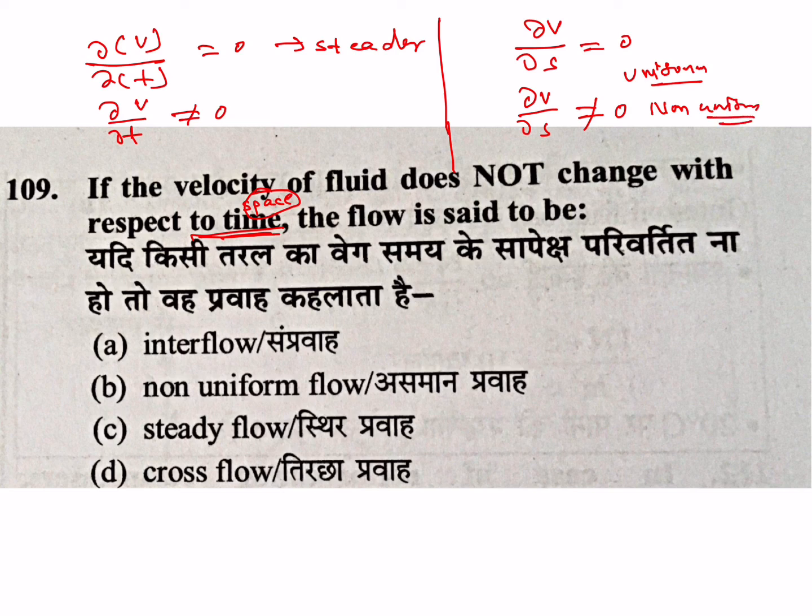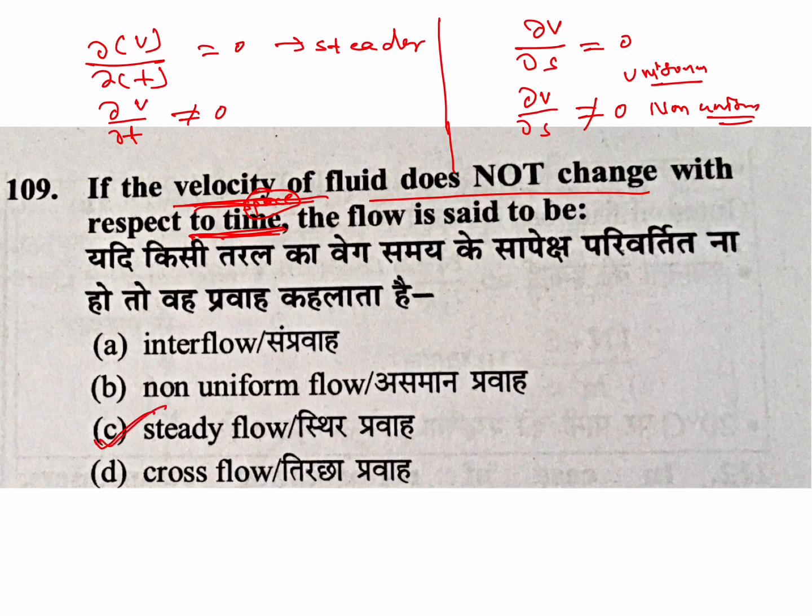For a uniform flow with respect to position or space, you will get the same velocity or same fluid properties at all points at any instant of time. So velocity of fluid does not change with respect to time means it's steady flow.